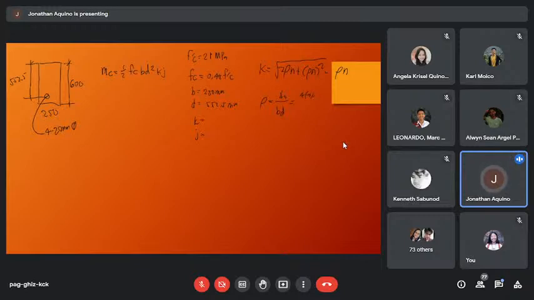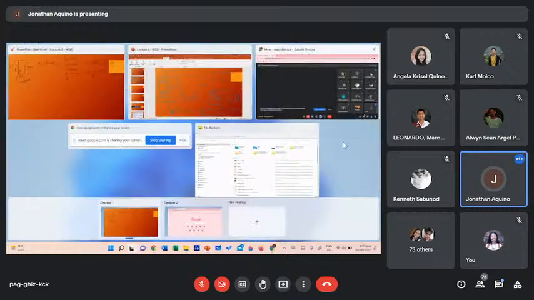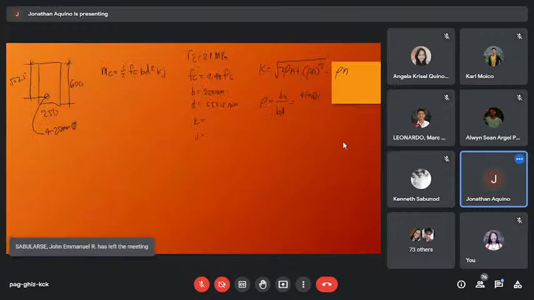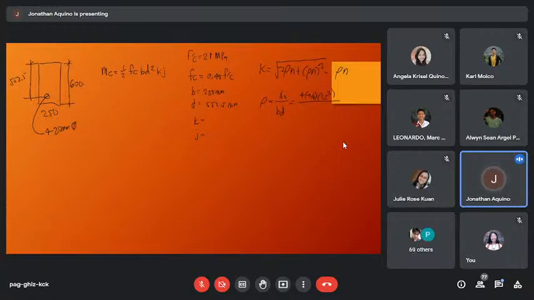So AS is the area of the 25 millimeter bars, 4 times pi over 4 times 25 squared, divided by BD, which is equal to 250 times 552.5.